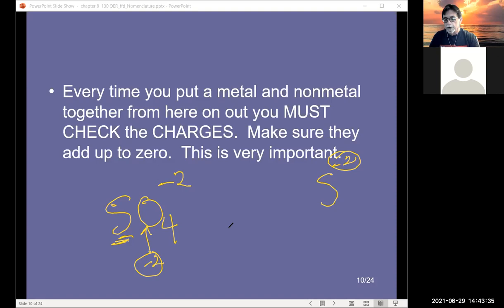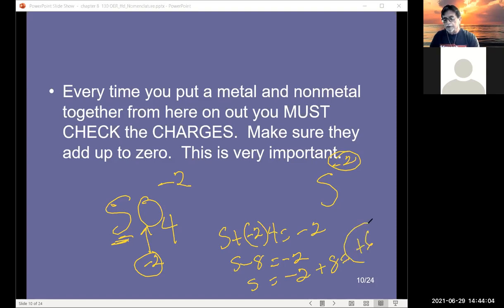The oxide. So we can write sulfur plus negative 2 times 4, because there are 4 oxygens, and the overall charge is negative 2. So we have sulfur minus 8 is equal to negative 2. We get sulfur is equal to negative 2 plus 8, okay, which is equal to plus 6.